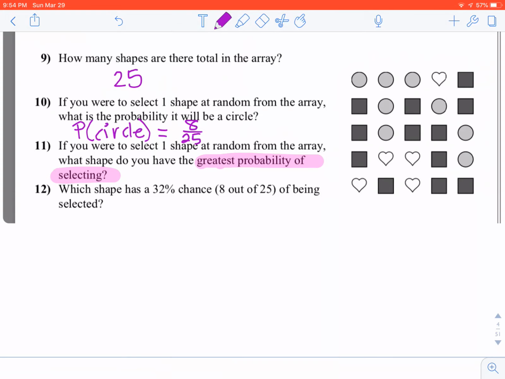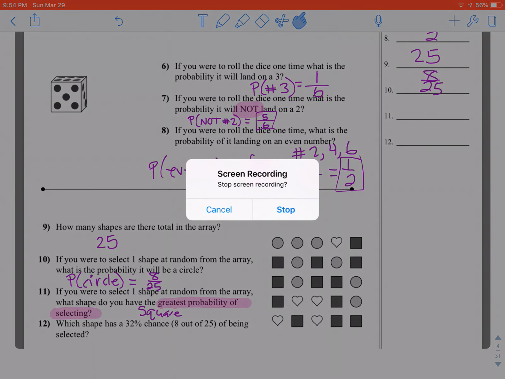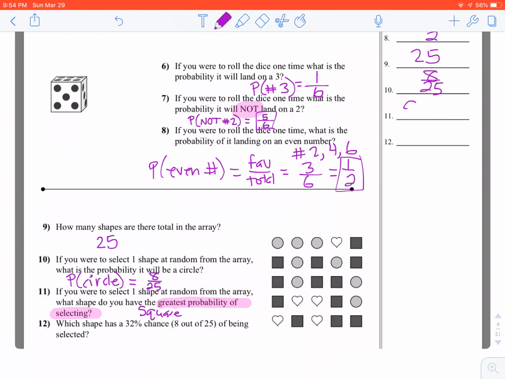I want you to think about what shape do you think appears most. If you're not sure, if you're between two different shapes, count them. See which one is larger. If you were thinking square, that is correct. The square is on there most often. So your answer for 11 is square.